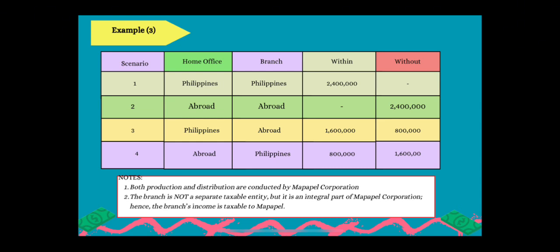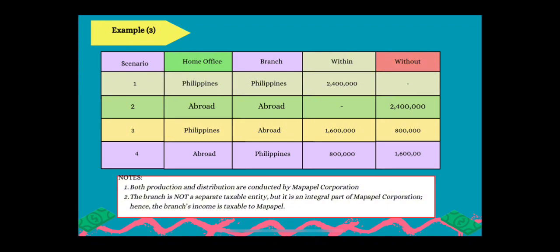For the fourth scenario, if the home office is located abroad, for example in America, and the branch is located in the Philippines, the gross income within the Philippines will be 800,000 because the branch is in the Philippines, and that gross income will be the only income which is taxable within the Philippines.